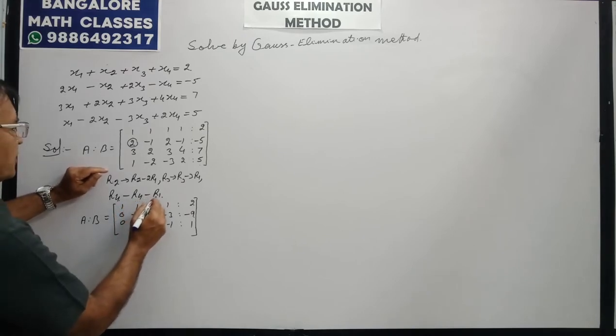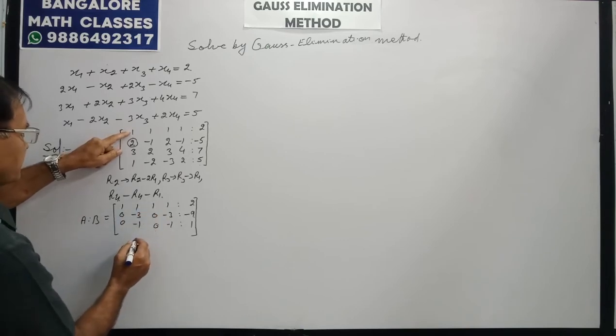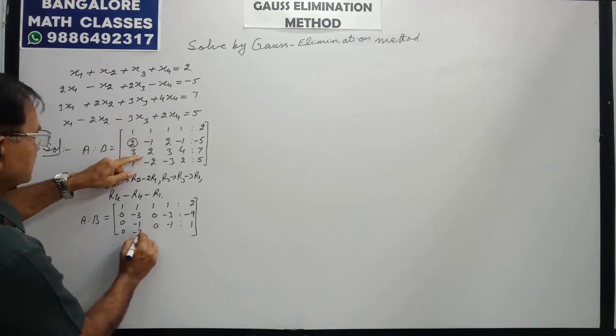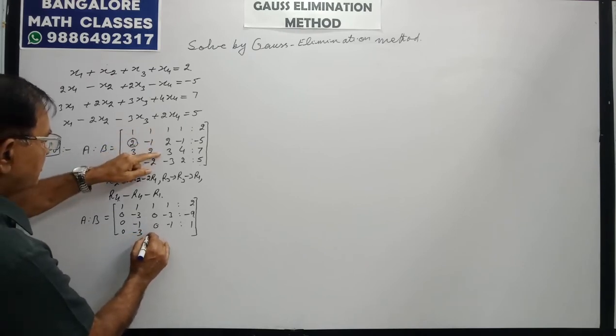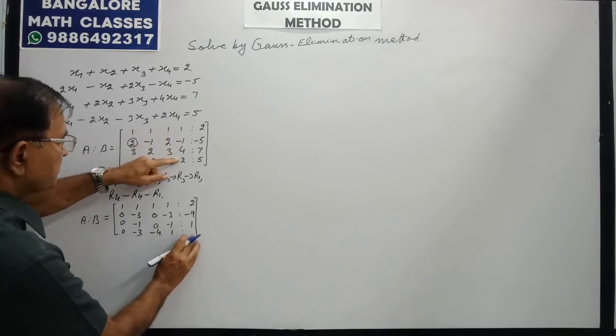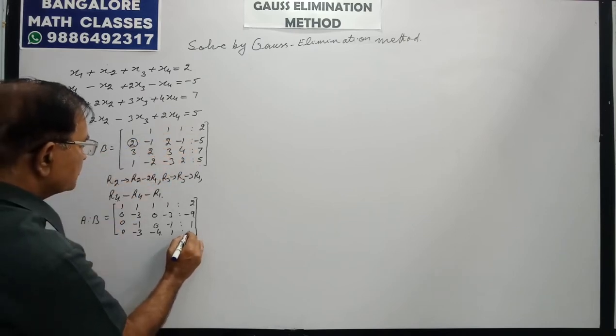Then R4 to R4 minus R1. Minus 1, minus 1, minus 1, minus 1, minus 2.